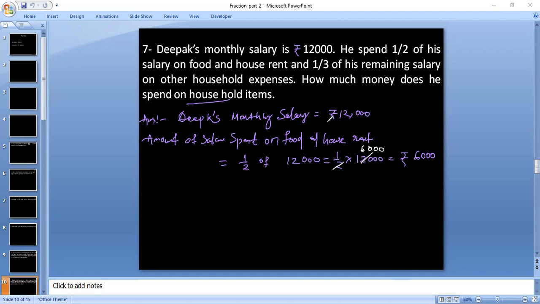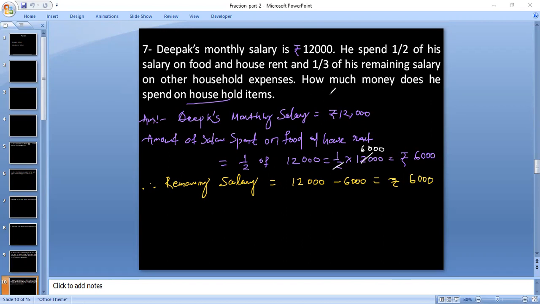And 1/3 of his remaining salary. If Deepak has 12,000 and he spent 6,000, what will the remaining salary be? Hence remaining salary will be 12,000 minus 6,000, which is 6,000 rupees.